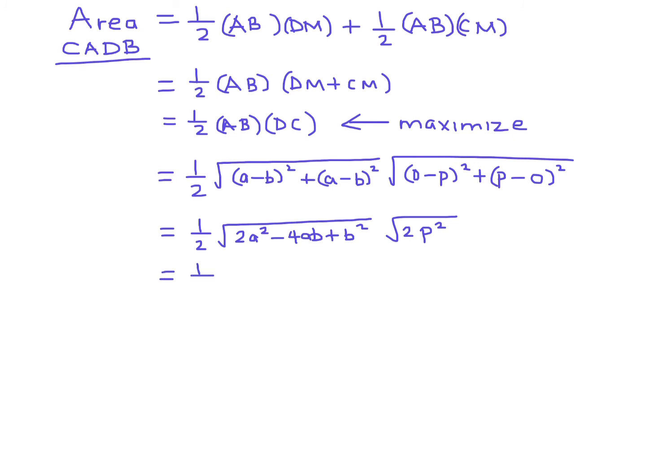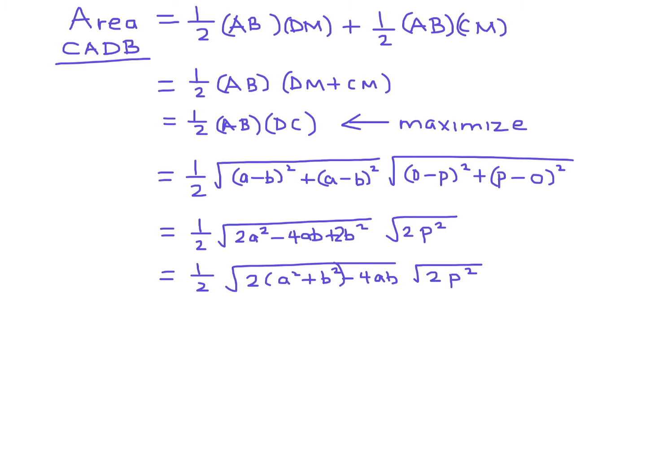Okay, now where do we go from here? Factor out a 2. Sorry, this should be 2 in there. A squared plus B squared minus 4AB under the square root, and then 2P squared like that. Now, at this point, you think, well, geez, it doesn't seem to be going anywhere.